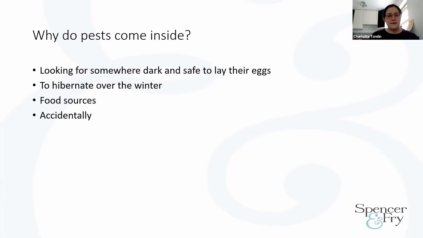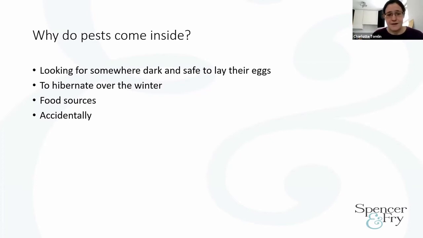So mainly, why do pests come inside? To look for somewhere dark and safe to lay their eggs. Like most creatures, their purpose in life is to reproduce and keep their life cycle going.